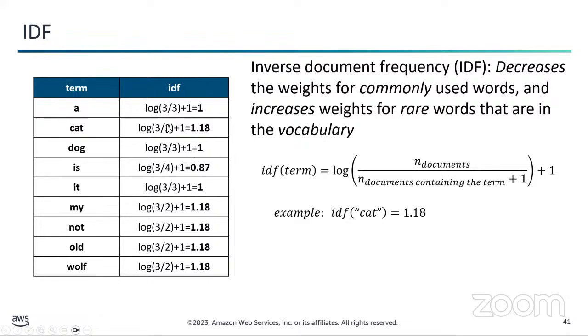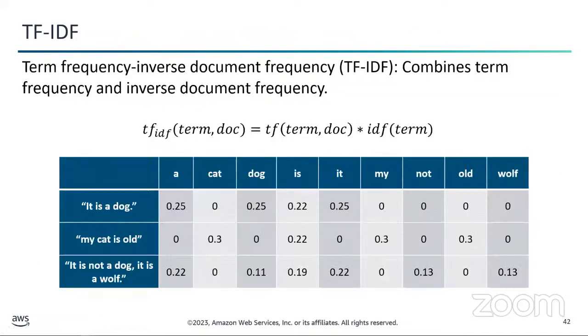So 3 over 2. You take the log of that and add 1 to it, so it becomes 1.18. Okay. Then you create, this is just one technique. This is called TF-IDF, term frequency inverse document frequency.